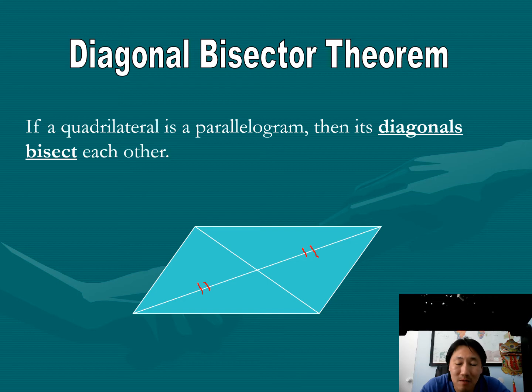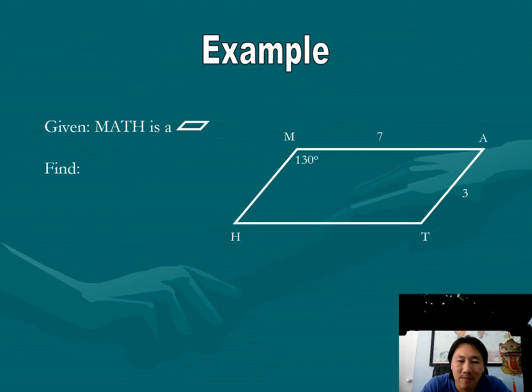Remember, bisect means cuts in half. So those two pieces are equal. And this piece is equal to that piece. All right, and so those are all the rules for a parallelogram. There's a lot of them. Usually I would spend a couple of days talking about each rule, but now I'm throwing all the rules at you at the same time.